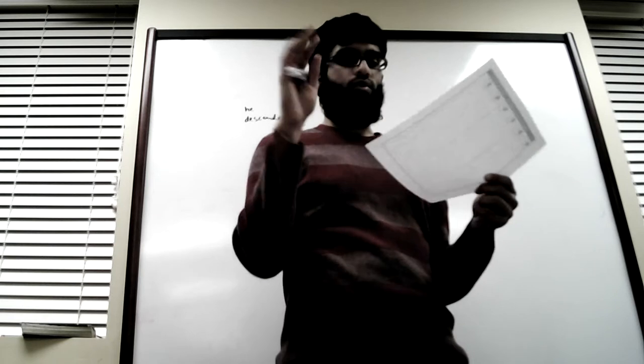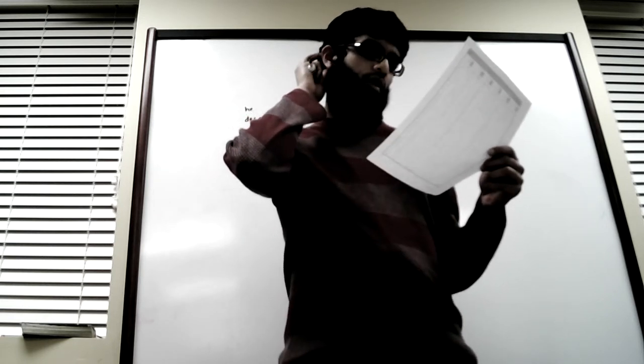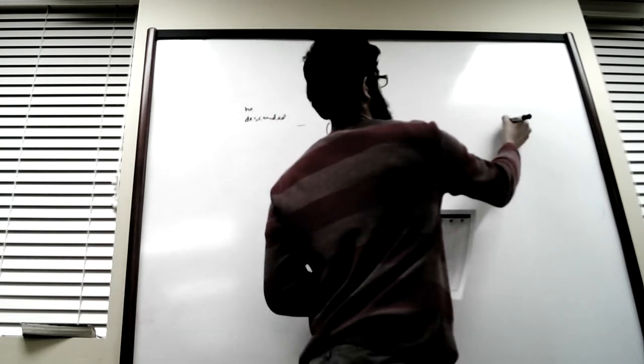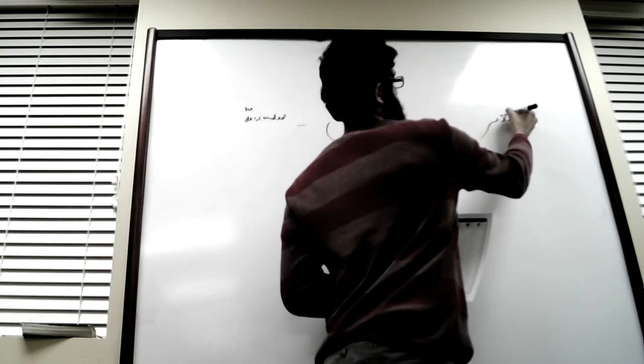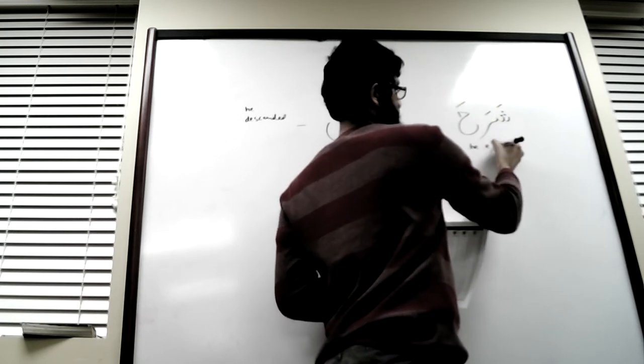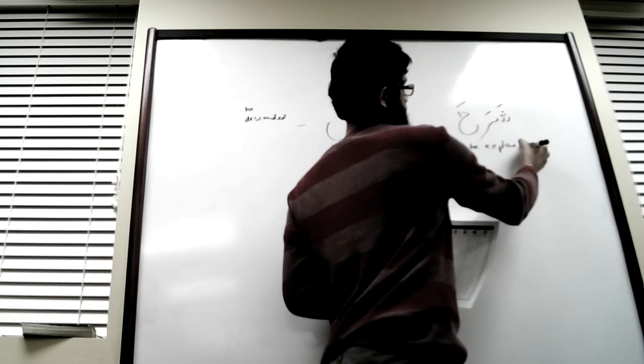Let's do another one. This time I won't say the pronouns, so we'll just do it. How about sharaha? Sharaha is in the third column. Sharaha means he explained. Okay, so go after me.